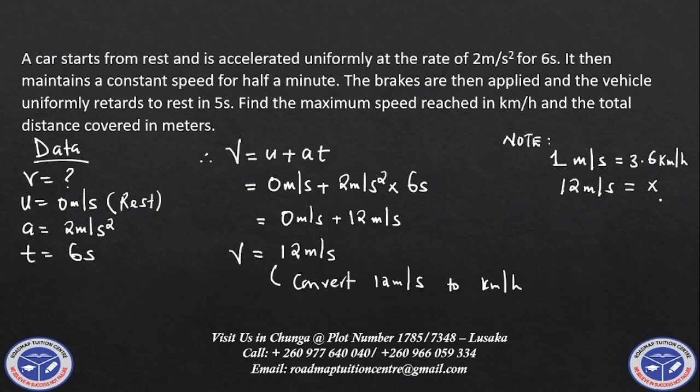So if you want to convert 12 meters per second, it will be equal to x. You cross multiply, and you have x meters per second equal to 12 multiplied by 3.6 kilometer per hour.